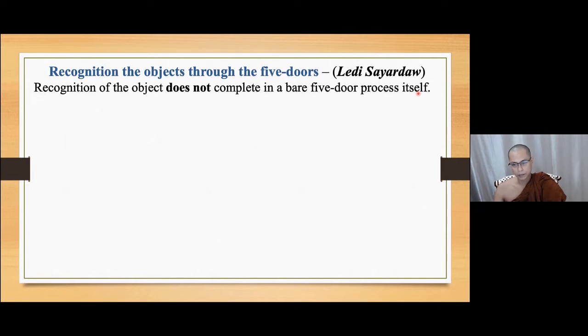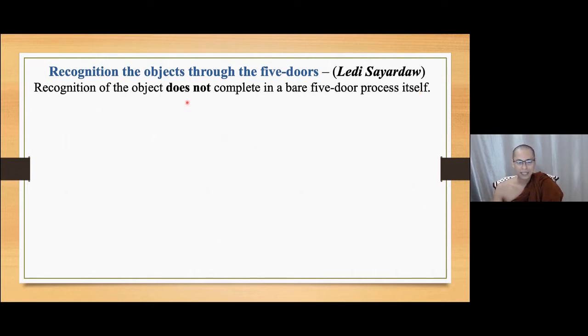Coming together at the present moment, at the same time, the eye sensitivity and visual form, by the support of light and with the presence of attention, the eye-door process, or the process of eye-consciousness, arises. There, eye-consciousness performs the function of seeing.